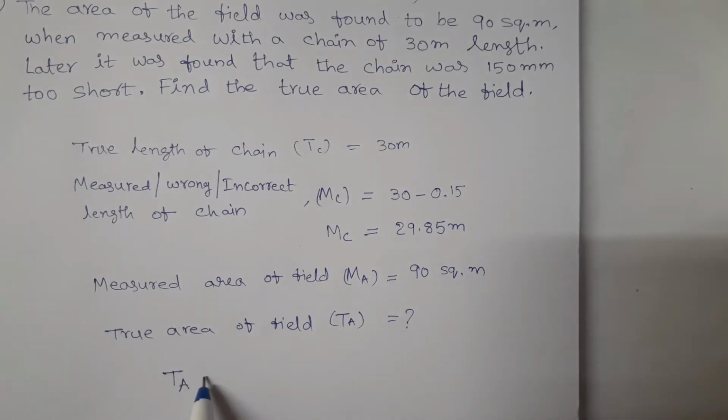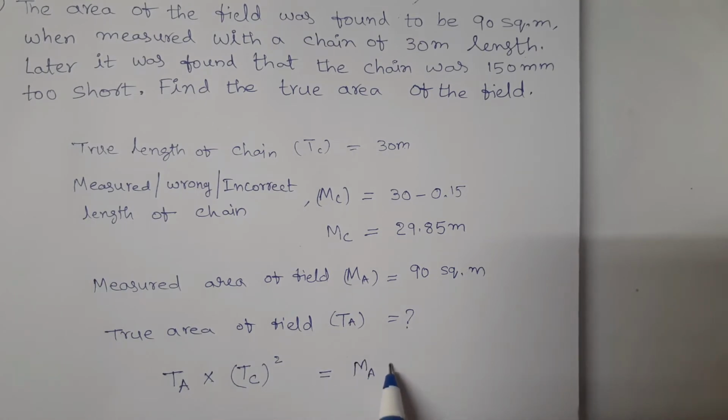True area of the field multiplied by true length of chain whole square is equal to measured area of the field multiplied by measured length of chain whole square. In the length calculation we take only the length of chain, but for the area of the field calculation we have to take the square of these two terms.